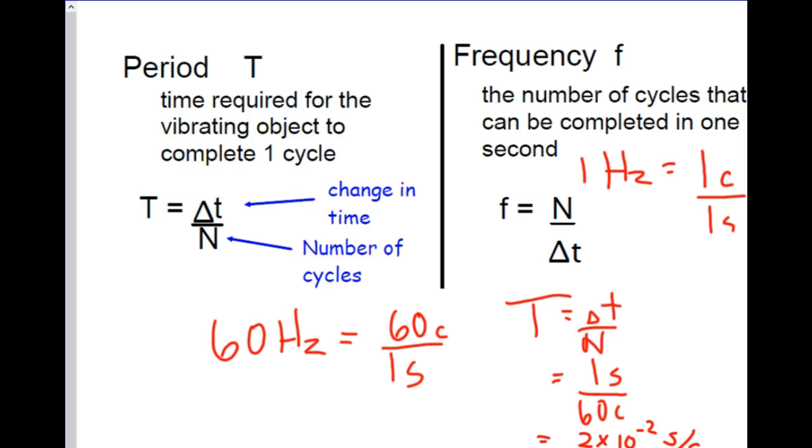There's another way that you can do this quite easily. Take a look at your calculator face. Do you have a 1 over x button on your calculator face? Some of you might have it. Some of you might not.